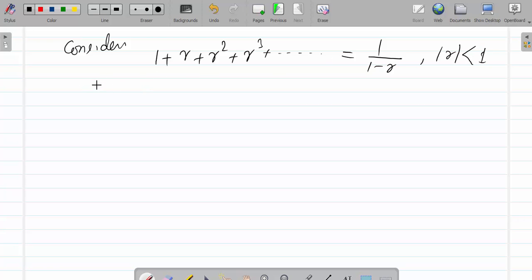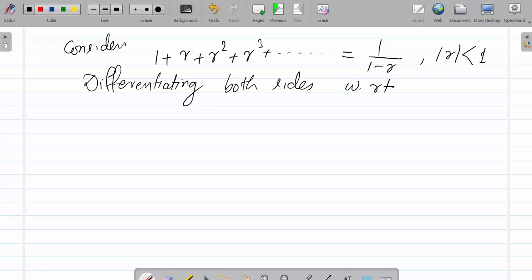So differentiating both sides with respect to r, we get 1 + 2r + 3r² + ... and so on.